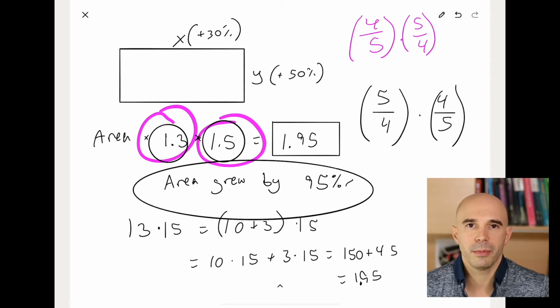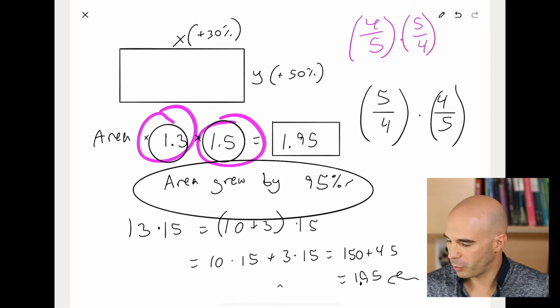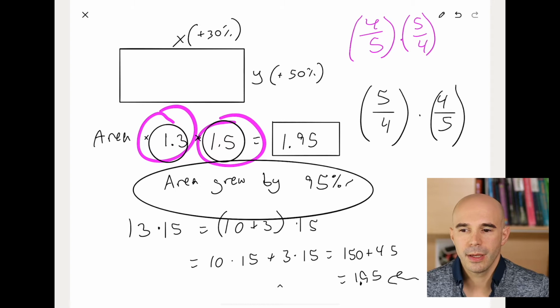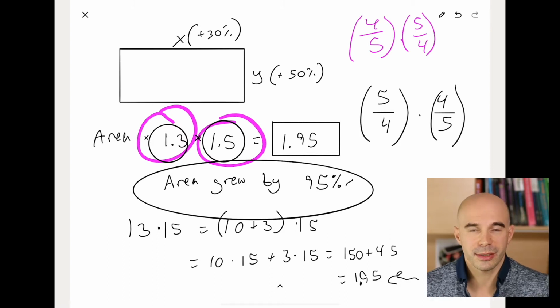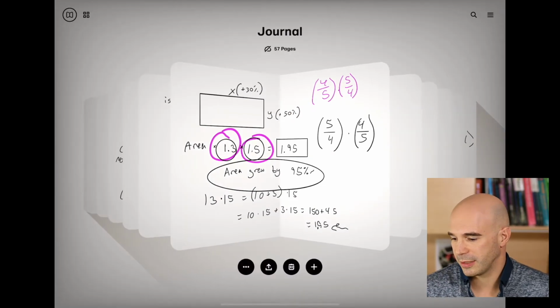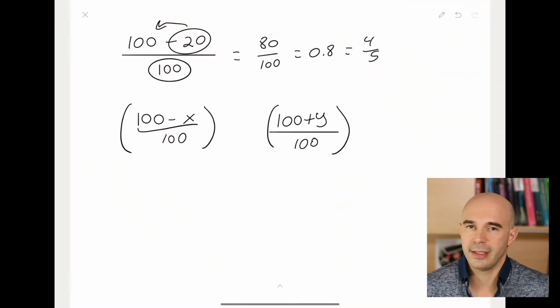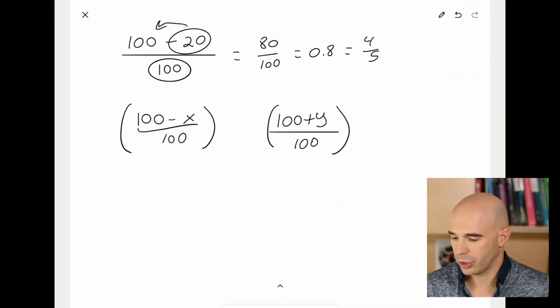So how did we come up with that percent change, the 95%? We took that 1.95, that change factor, we multiplied it by 100 to get 195, and then we subtracted out that 100. So it's kind of the reverse. It's the opposite of translating from percent change to change factor.